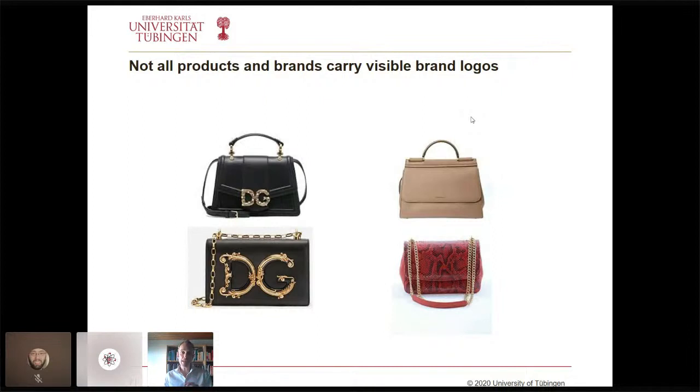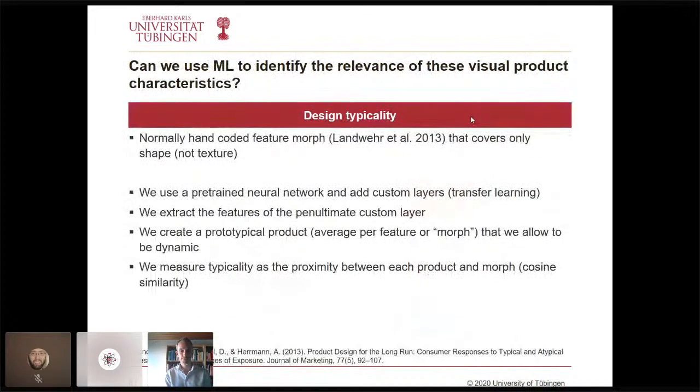So even in the absence of visible brand logos, we will try to detect the brand. And many products in our set do not have a brand logo. The idea is that, for example, if you have a car on the street, again, the Porsche, you will be able to identify that it's a Porsche car, even if you don't see the brand logo. And previous research has not attempted this, and that's something we'll try to tackle here.